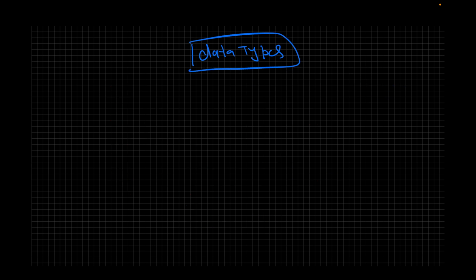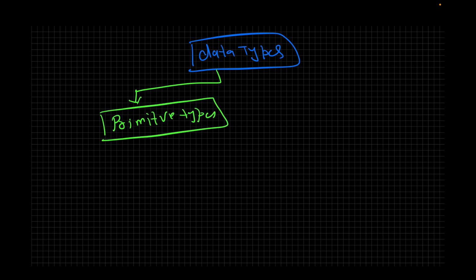All right, so in Java we can categorize data types on a high level into two different categories. Number one is primitive data types, and we're going to focus on this in today's lesson.